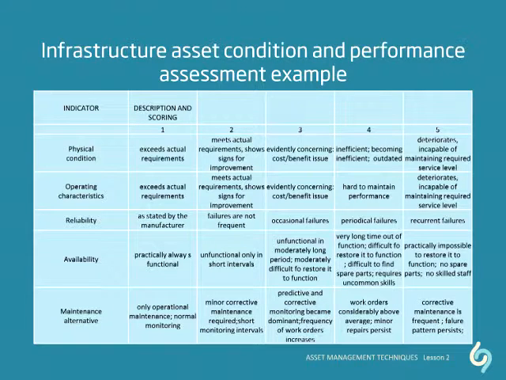This is an example of infrastructure asset condition and performance assessment sheet. It includes the following: 1. Physical condition, including assessment of the actual assets condition as a consequence of aging, utilization, and maintenance. 2.